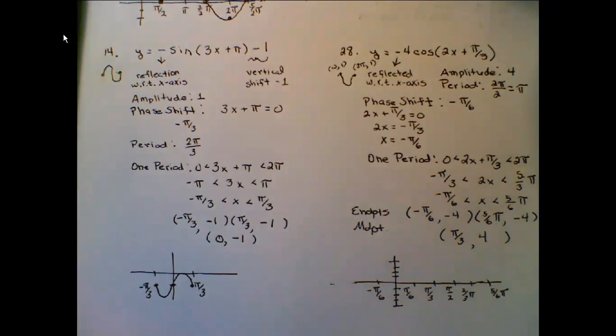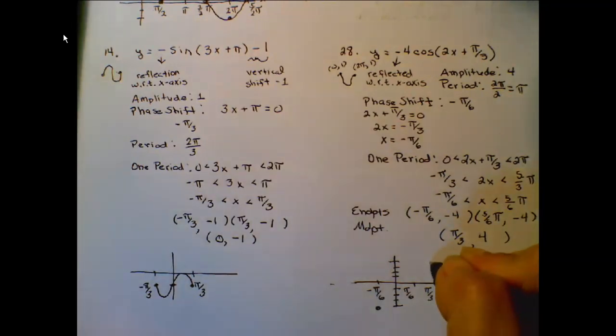So the endpoints are going to be at negative pi over 6, negative 4, positive pi over 6, negative 4, and the endpoint's going to be at pi over 3, positive 4.